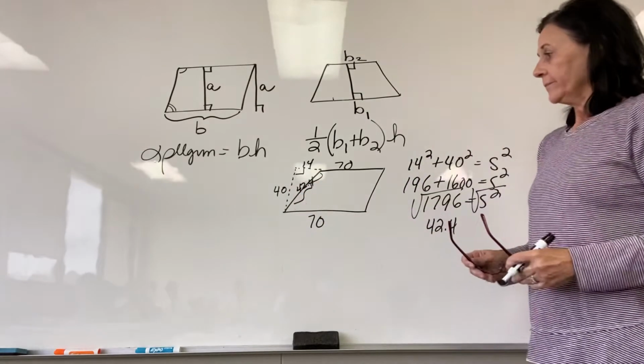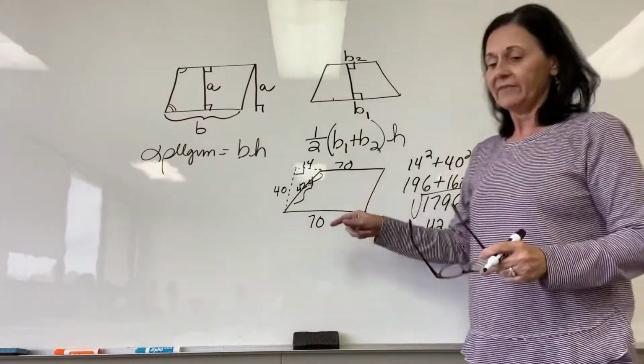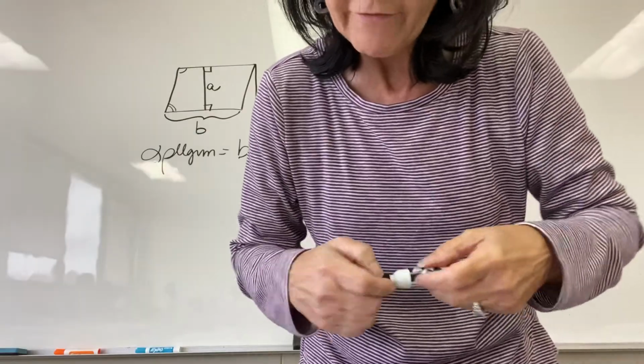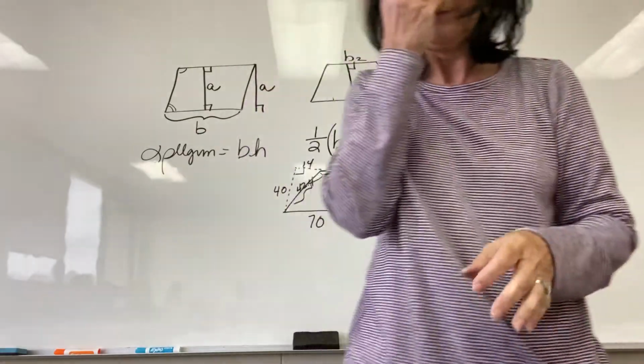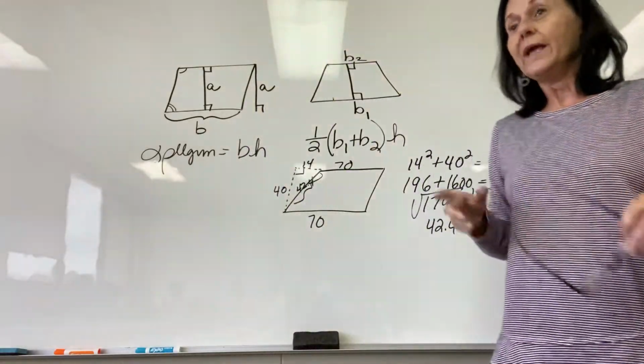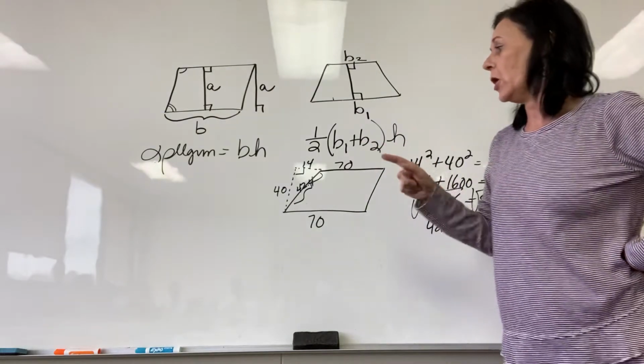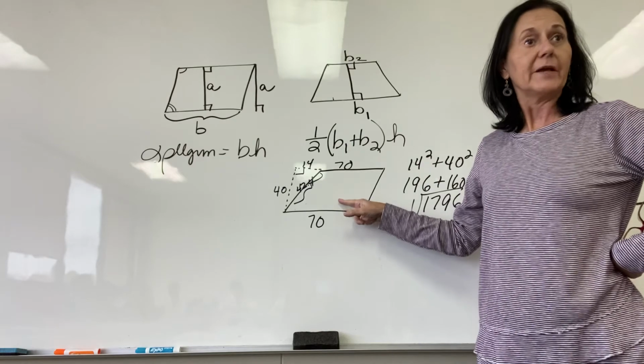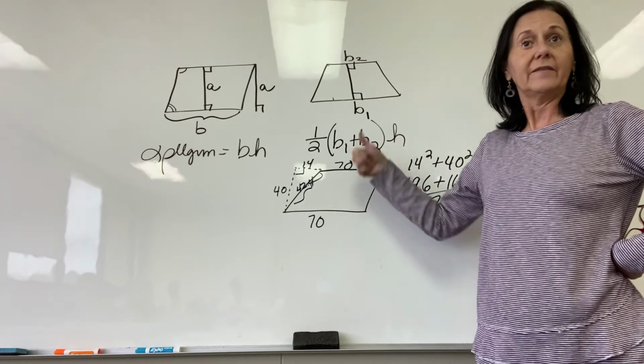All right, so it's 70, 70, 42.4, and 42.4. Would we have known that this perimeter had to be larger than the other one?